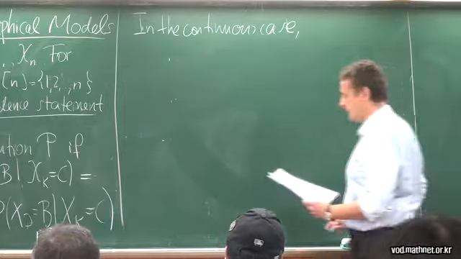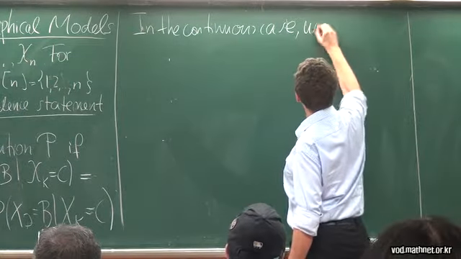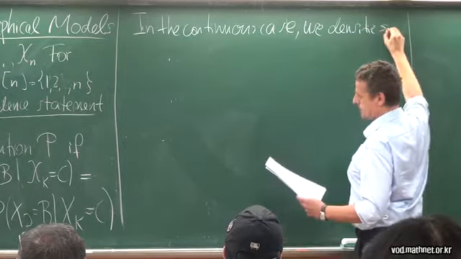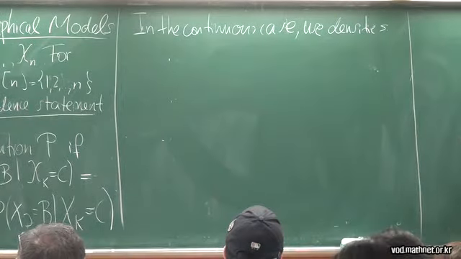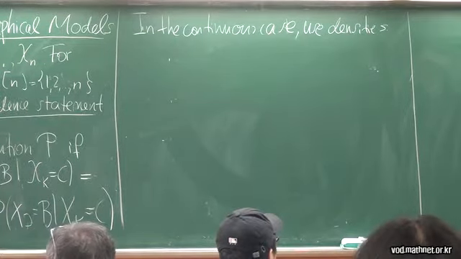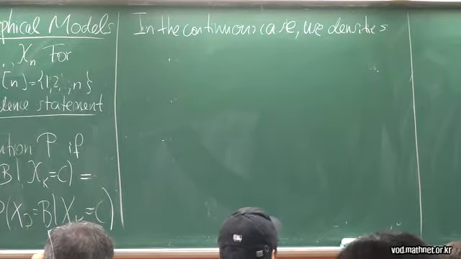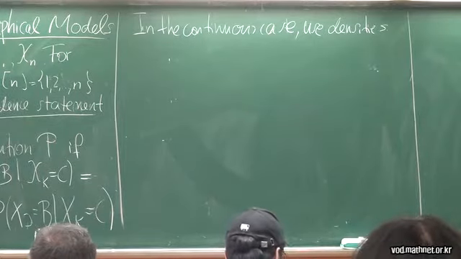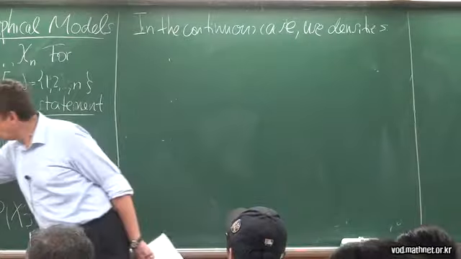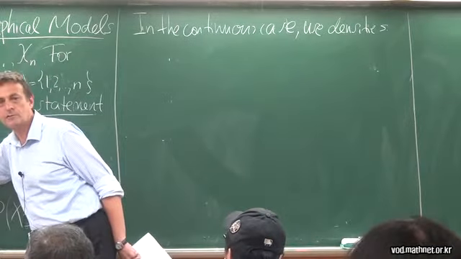So in the continuous case, use densities. In a continuous distribution, the probability of every single event is 0. But then you have a range, and you integrate.